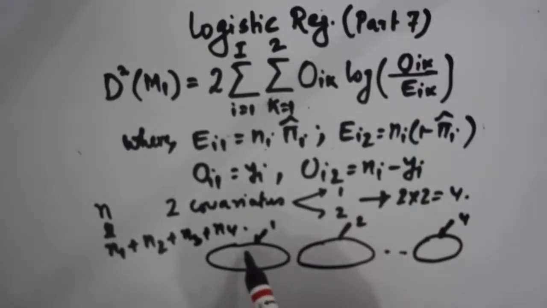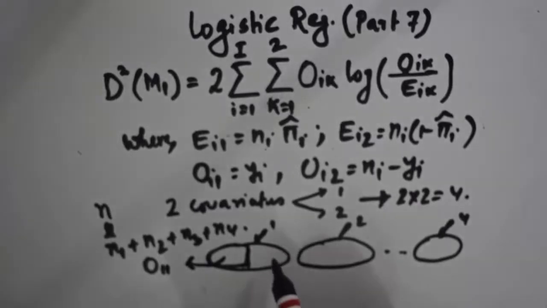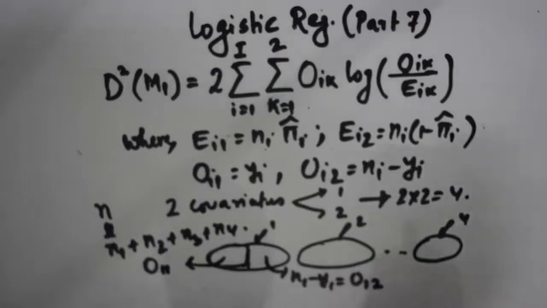In the first group we have two types of response, that is 1 or 0. So the number of ones in group 1 we denote O11, and in group 1 the number of 0s we denote n1 minus y1, which is O12.